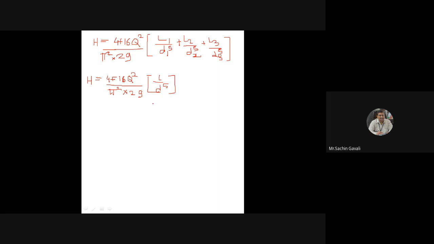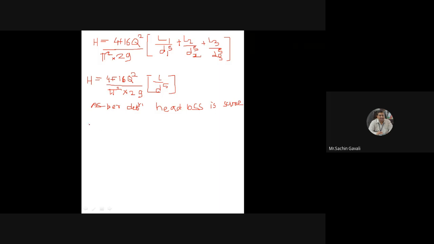Okay. Now, as per the definition of the equivalent pipe, the head loss is the same for both the equivalent pipe as well as the compound pipe.